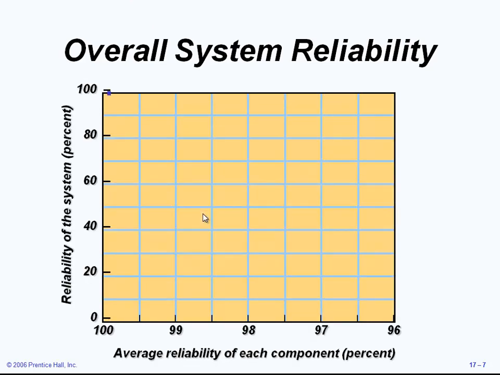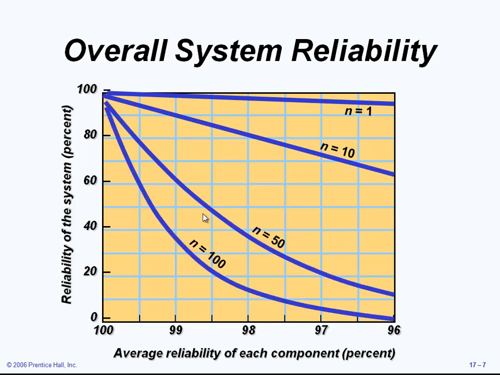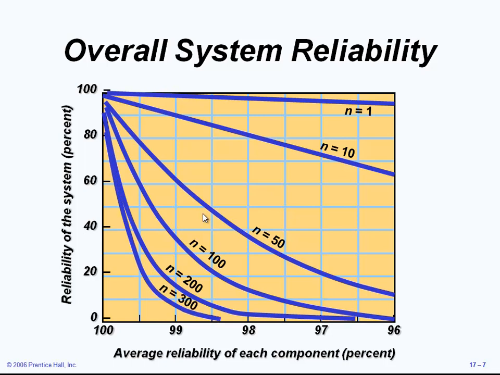The overall system reliability will actually decrease when you have more components. So the more components we have, the more the component reliability might affect the total reliability. For example, having n equal to 1, which means one component, the reliability of the system will decrease with the decrease of the reliability of that component.